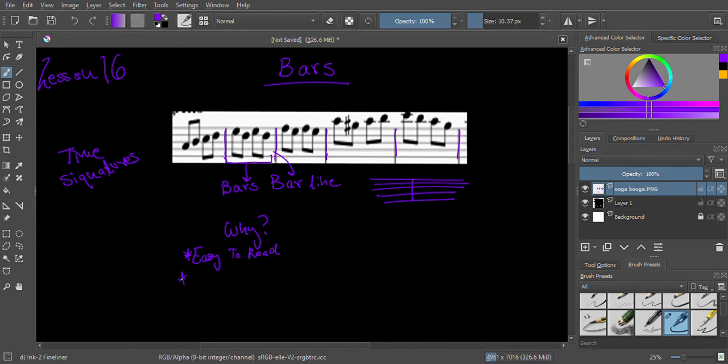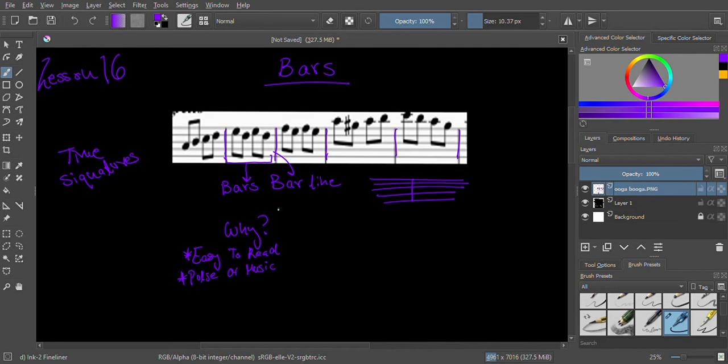Number two reason why we use bars is because they help outline the pulse of the music. That once again has to do with time signatures. But generally, if I snap my fingers every time a bar started in a piece of music, maybe let me do that for Twinkle Twinkle Little Star.